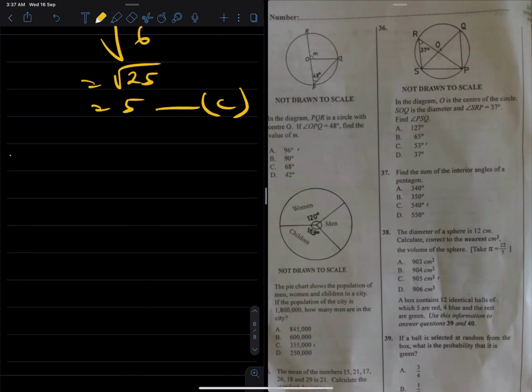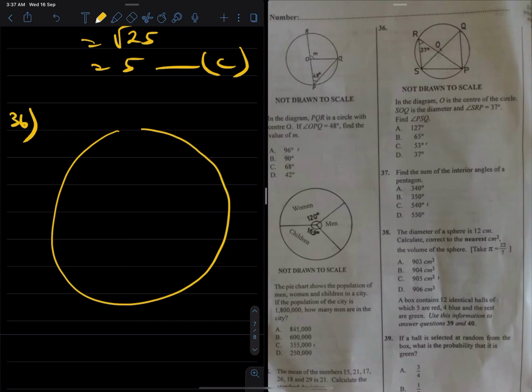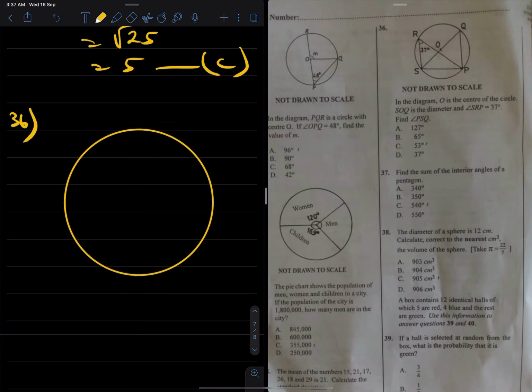Question 36. Okay, there's a circle there. That's another circle. This comes this way. There's another line here.